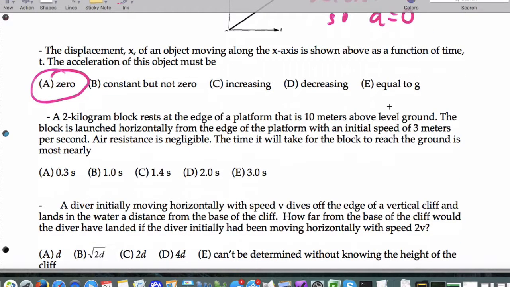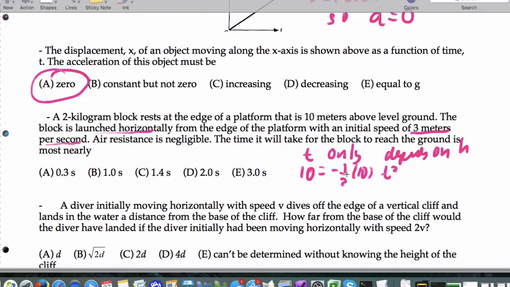All right, we have a 2 kilogram block, 10 meters above the ground. It's launched horizontally with initial speed of 3 meters per second. So this doesn't matter. The time to fall only depends on height. So we're going to have 10 is -1/2 times 10 times t squared.